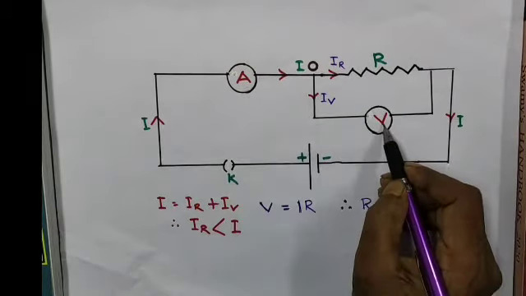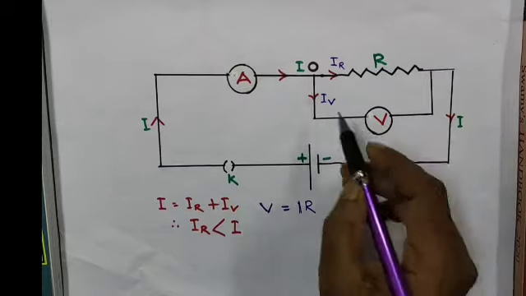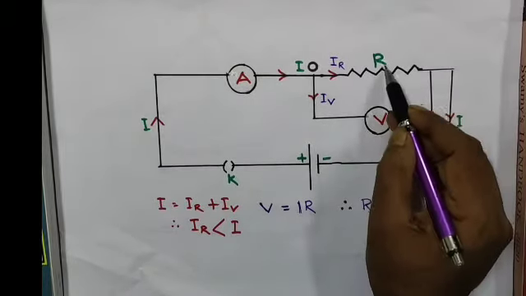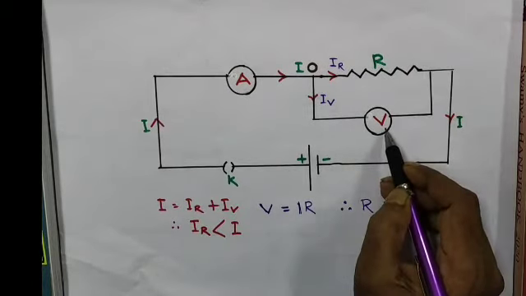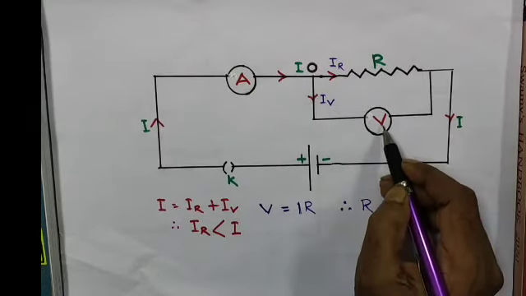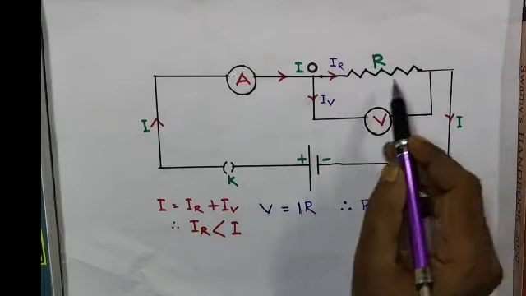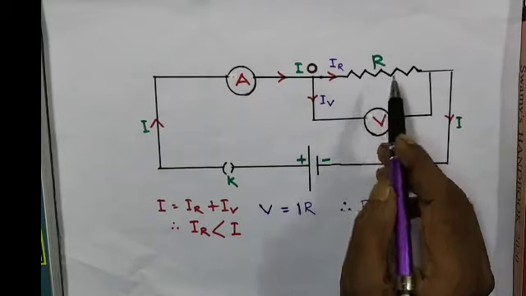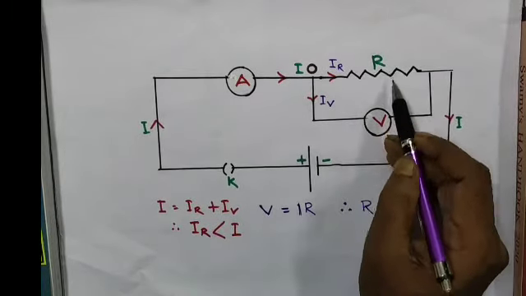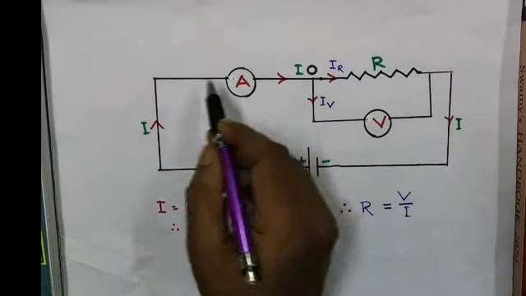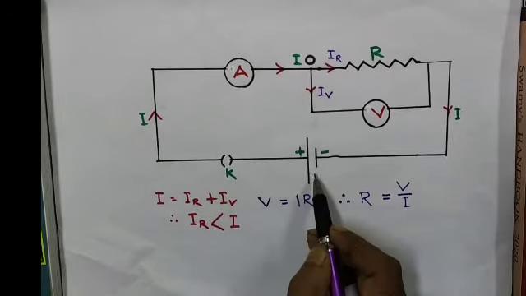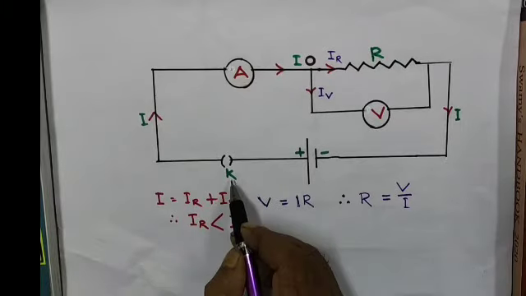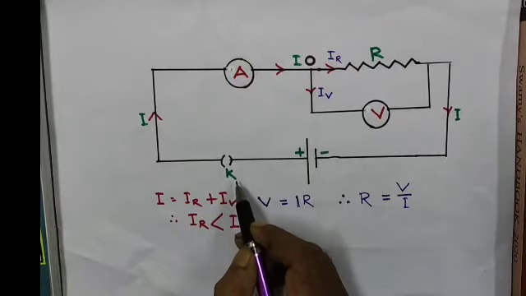One voltmeter is fitted between the two ends of the resistance in parallel connection, and from the voltmeter we can get the value of the potential difference between the two points of this resistance. The entire system has been connected with an electrical source via one key, which we can say a switch.